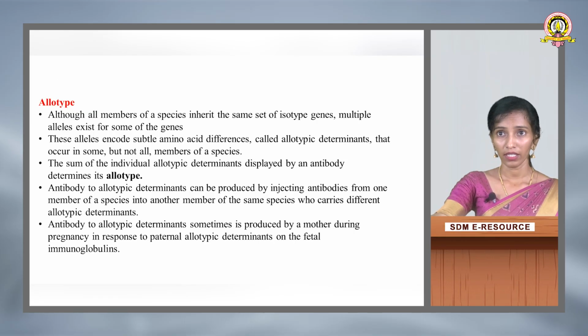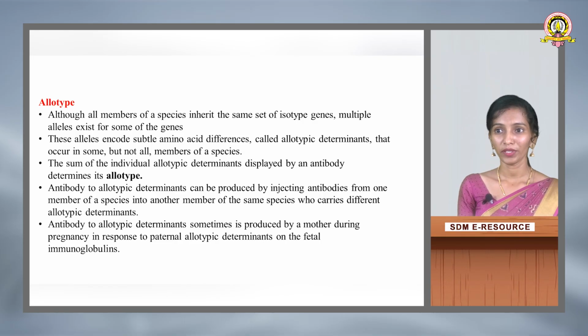The next is allotype. Although all members of the species inherit the same set of isotype genes, multiple alleles exist for some of the genes. These alleles encode the subtle amino acid differences called allotypic determinants that occur in some but not all members of the same species. The sum of individual allotypic determinants displayed by the antibody is called the allotype.